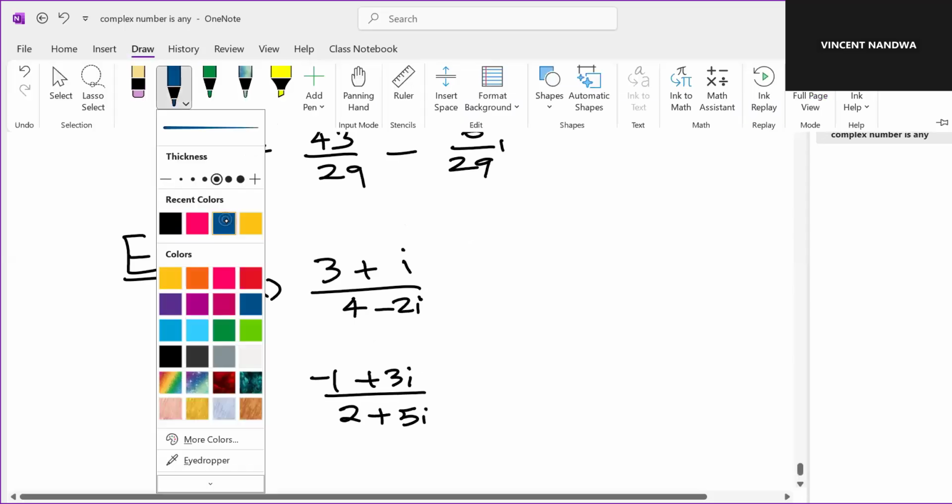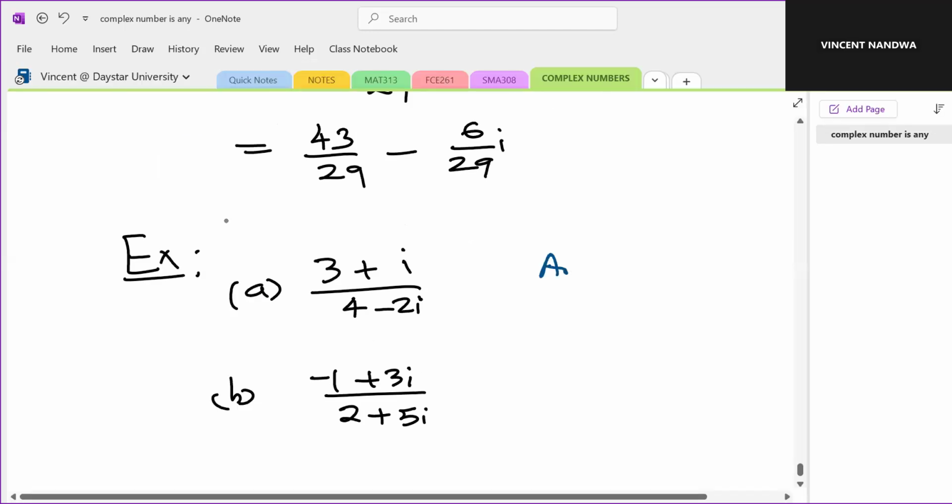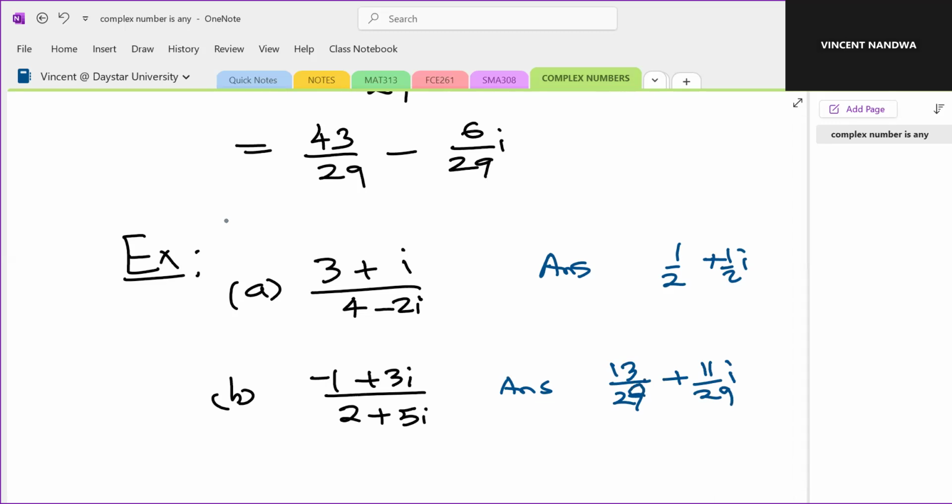And I hope when you work this out, the answer to the first one will be a half plus a half i, and the answer here will be 13 over 29 plus 11 over 29 i. So work out and confirm those answers.